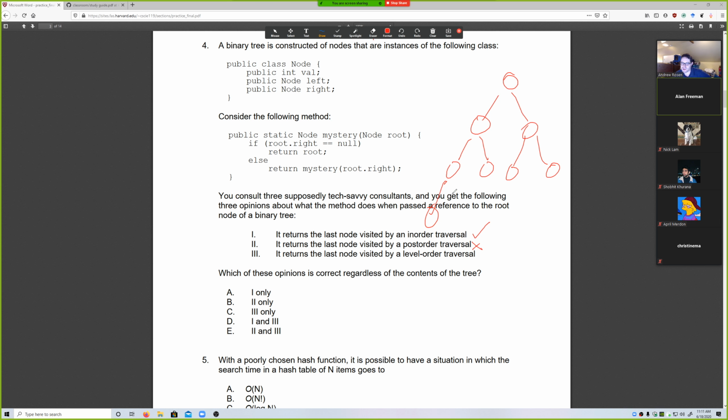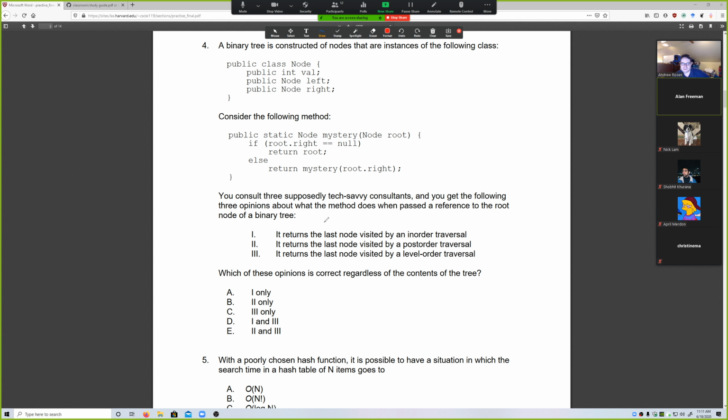In a level order traversal or breadth first search, this would be the last node. So number 3 would be incorrect. So the correct answer is A, 1 only. Make sense? And they should consider not hiring consultant 2 ever again.